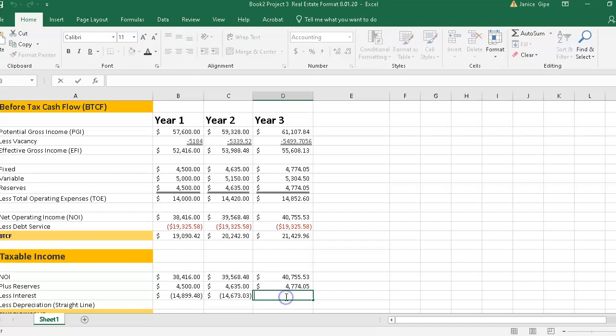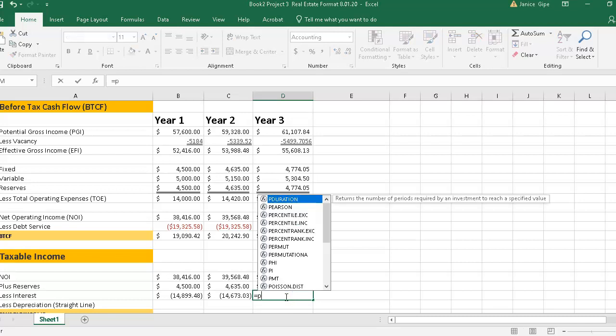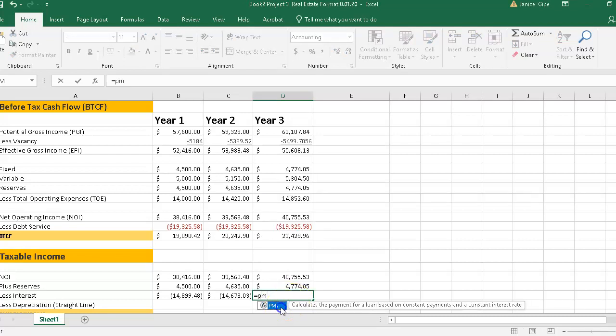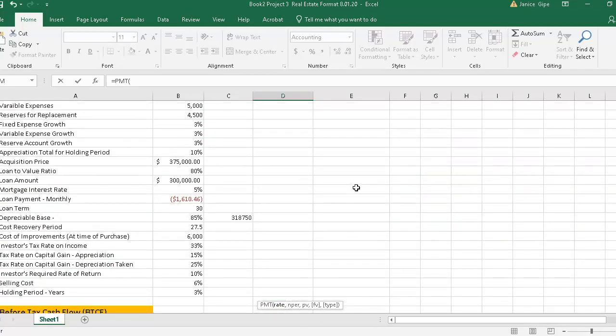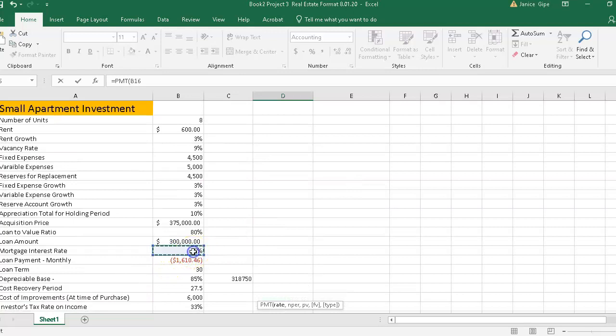So again, here is the payment. So the rate is again the 5% divided by 12, comma, and then with your term times 12, and then your present value, and then this would be the 25th month to the 36th month.